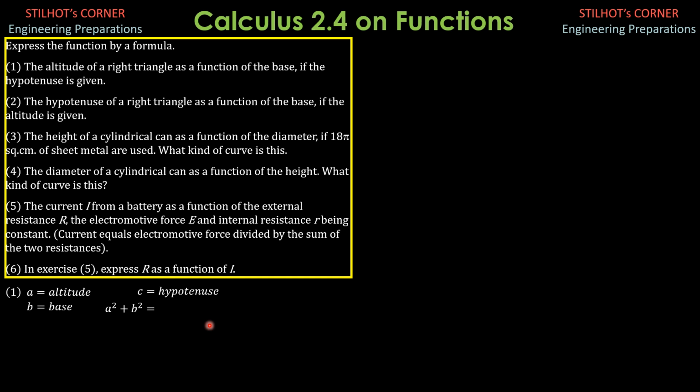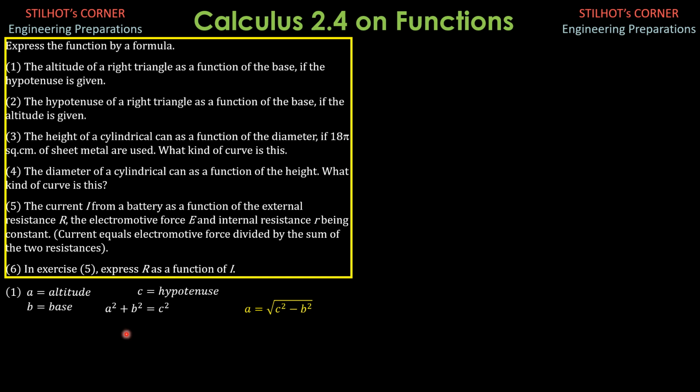So from here, we can now express the altitude A in terms of the base. So altitude is square root of c square minus b square, where c is constant or given. So that's the altitude as a function of the base.